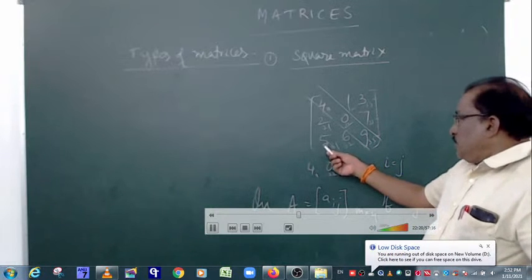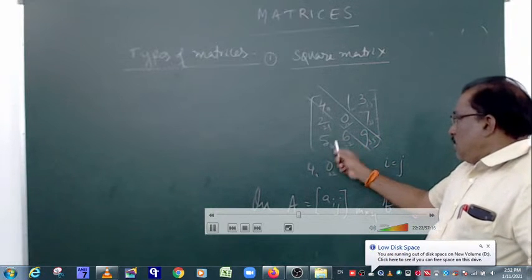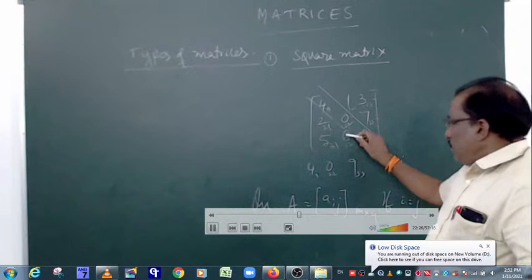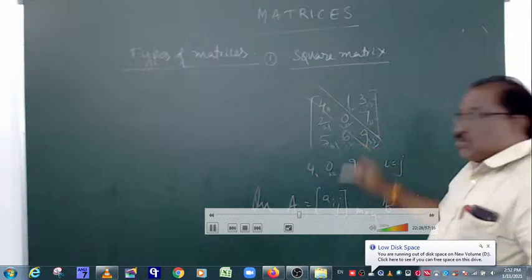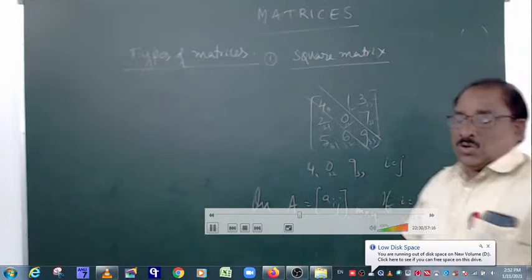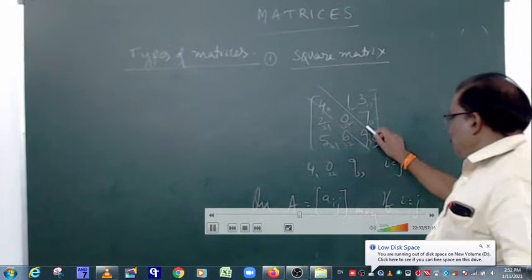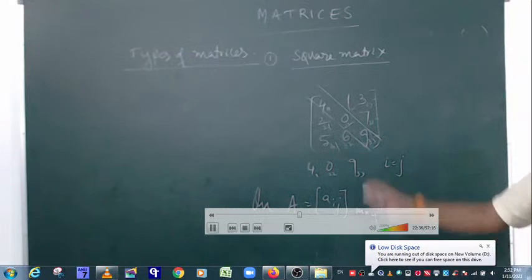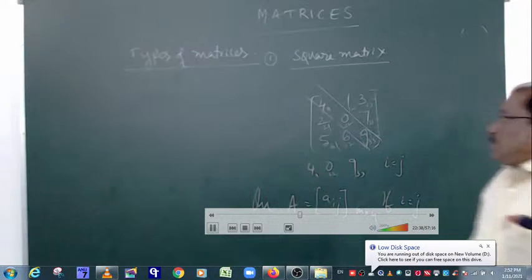And 3 1 is row 3 and column 1. The element 6 is at position 3 2, third row and second column. What is the position of the element 9? 3 3, third row and third column.